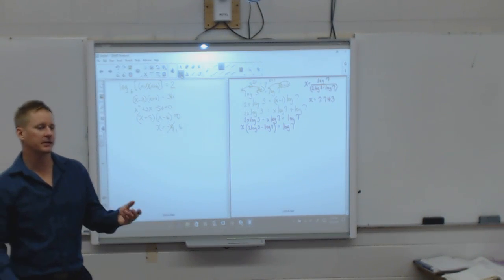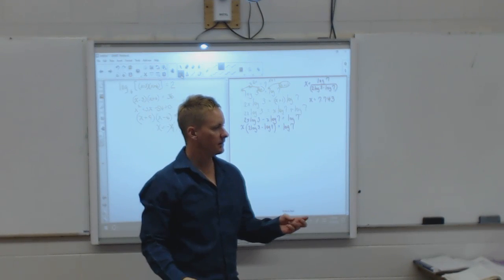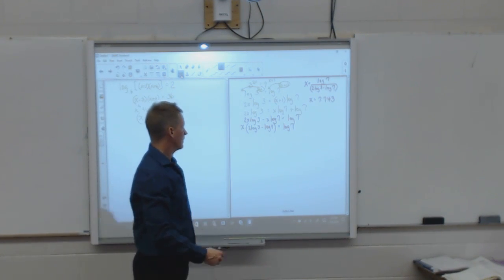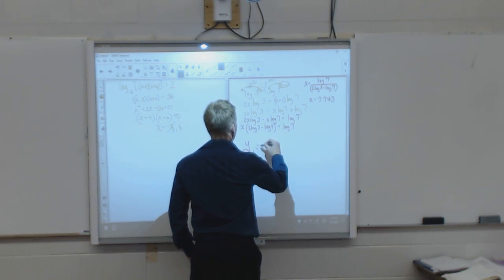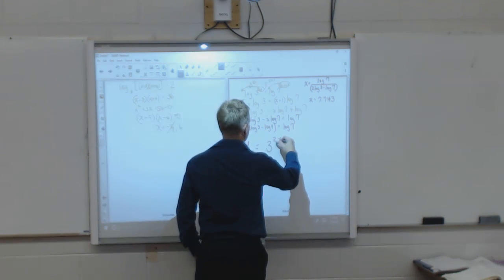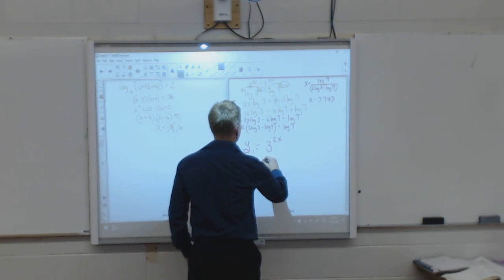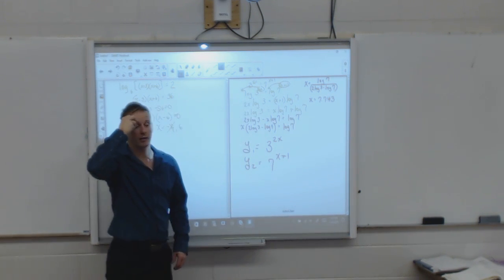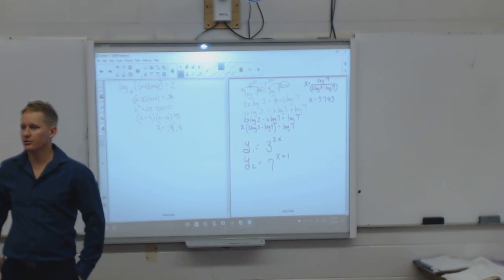Second, and this is for your test coming up next week. Okay? The second thing you can do is graph this. Graph y1 equals 3 to the 2x. Graph y2 equals 7 to the x plus 1, and find their intersection point. And there's your solution.